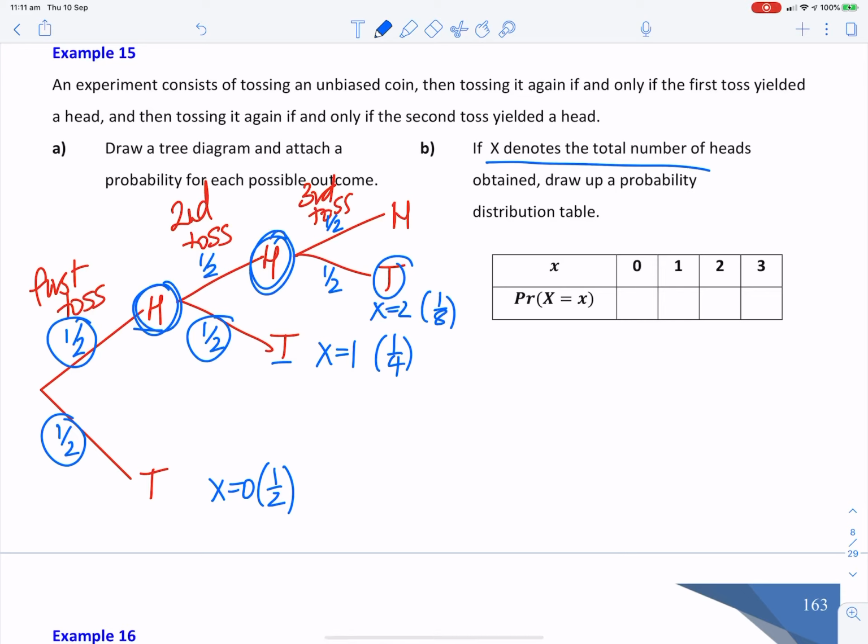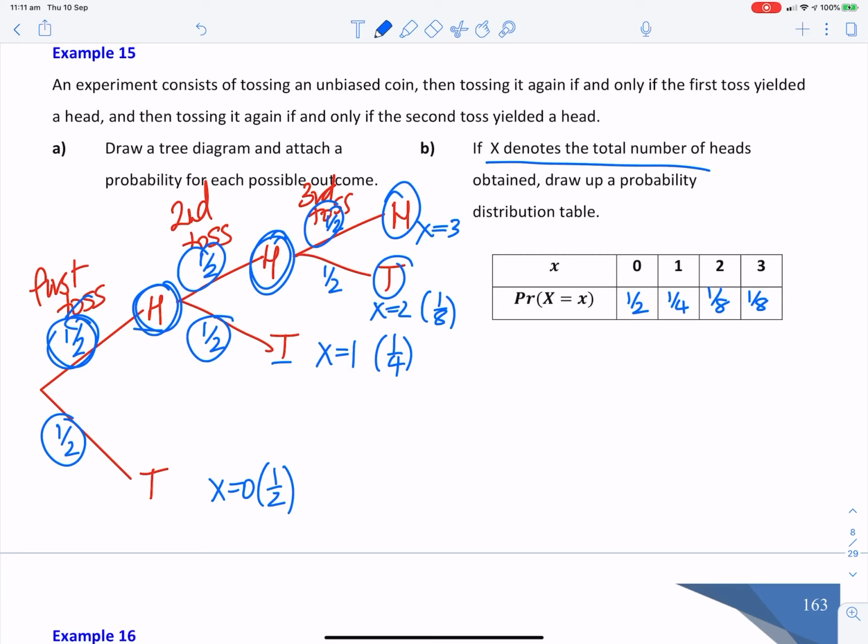And then last, we've got three heads. X is equal to 3, and that's a half times a half times a half. So 0 heads is a half, 1 head is a quarter, 2 heads is an eighth, 3 heads is an eighth.